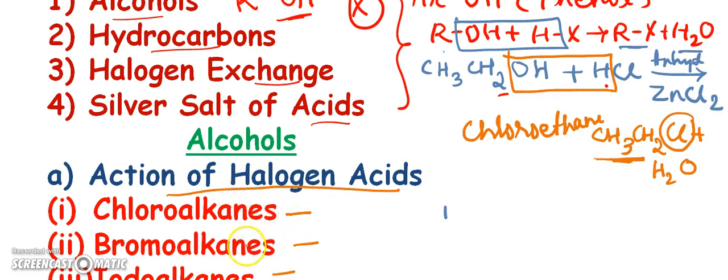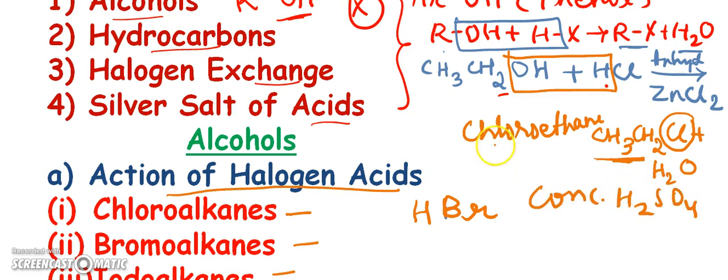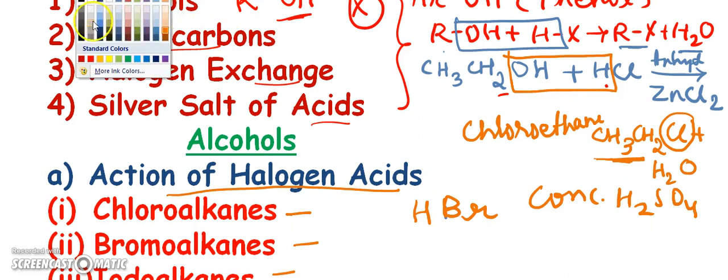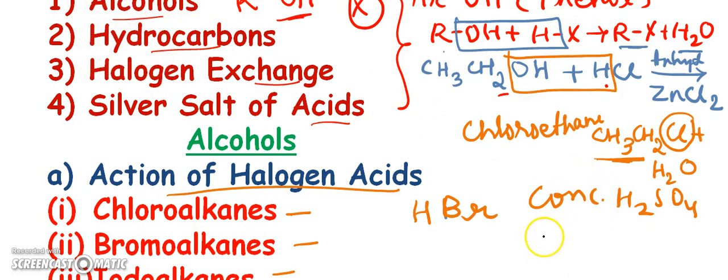Now you can prepare bromoalkane. How? You just take the ethanol, react with hydrogen bromide in the presence of an anhydrous compound like concentrated H2SO4, and you will get your bromoalkane.